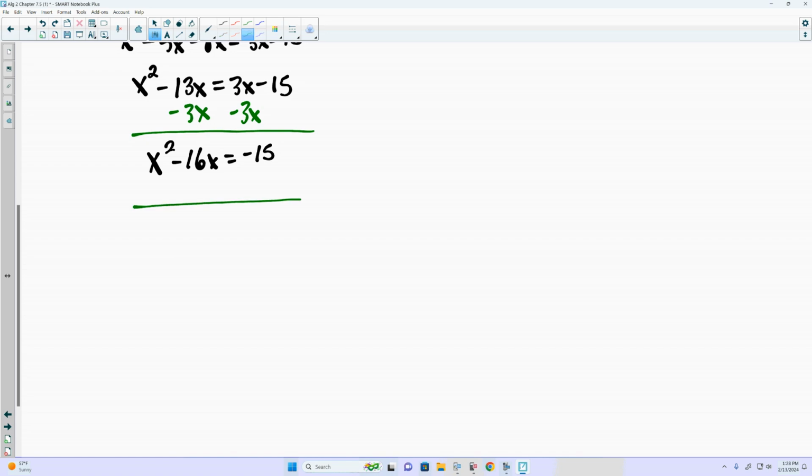And the last thing we would do is add 15 to both sides, because we want to get this equal to 0. Now, with any of these, because we have the graphing calculators, we know how to graph them.